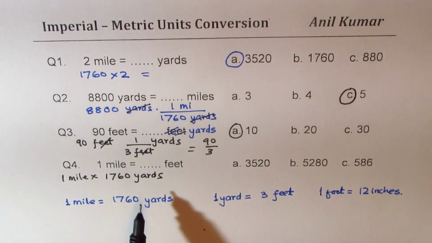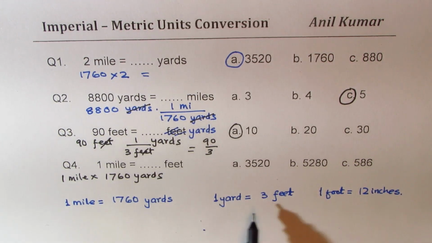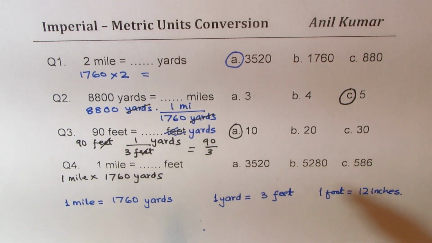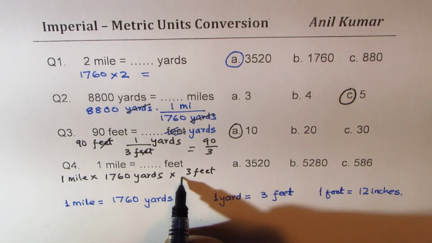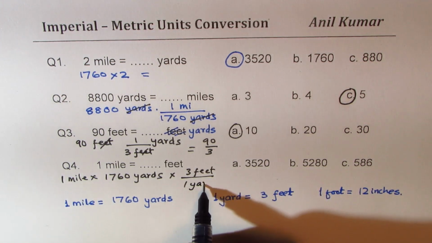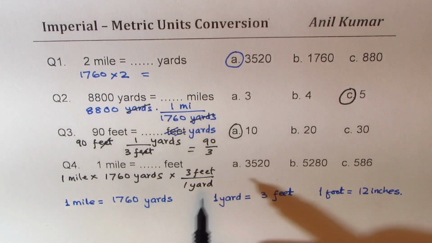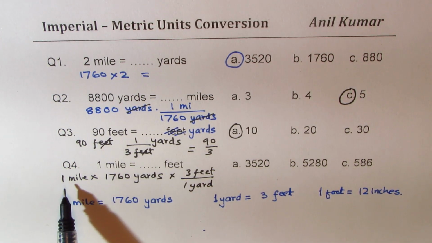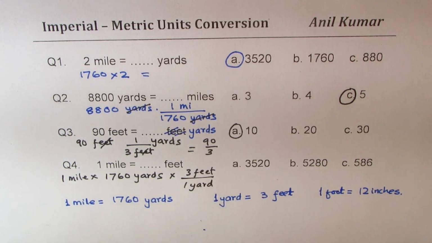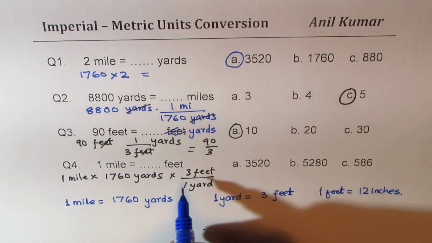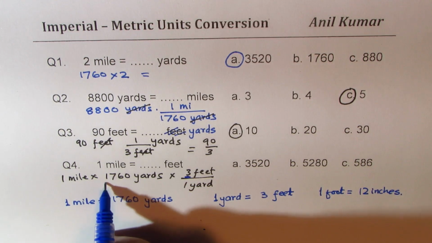And now to convert from yards to feet, we know 1 yard is 3 feet, so we'll write this as 3 feet divided by 1 yard. Is that okay? So basically you have to multiply 1 by 1760 by 3. So once you multiply these 3 numbers, you get your answer. Correct?